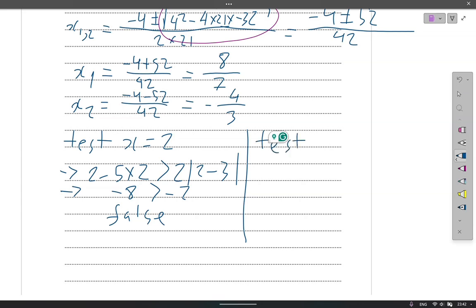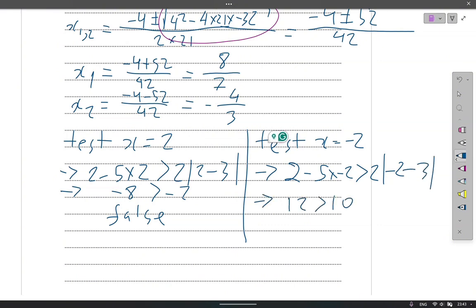And we can test for minus 2, which actually gives us, sorry, it's, yeah, and this is true, which means this inequality is true, but this is not.